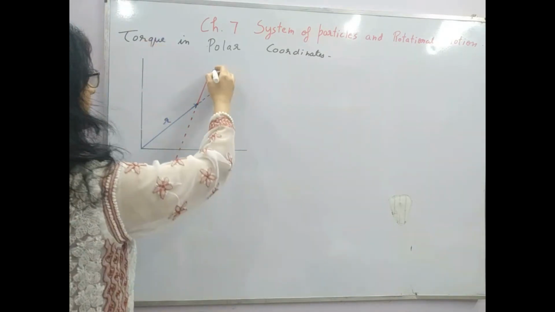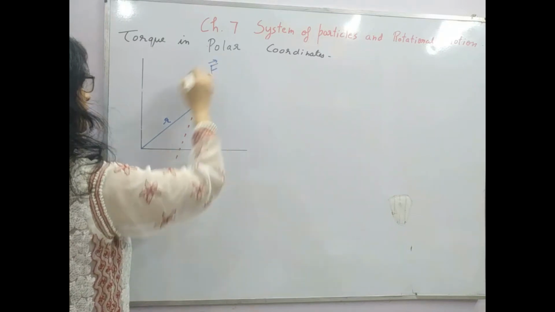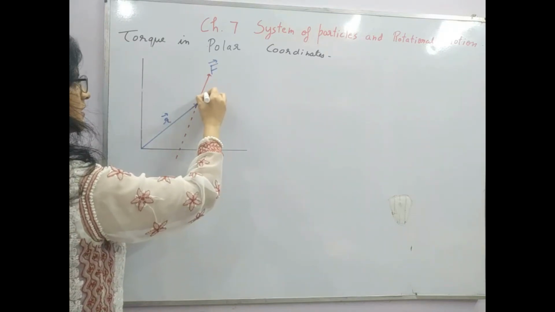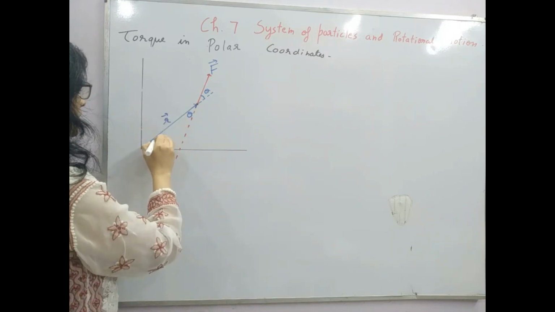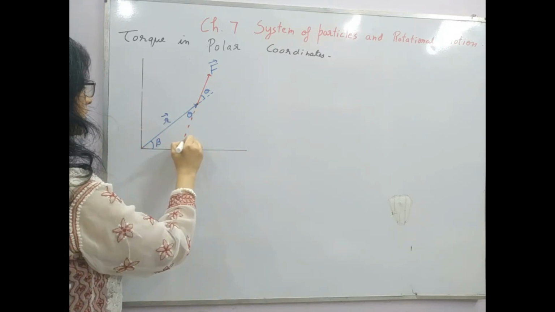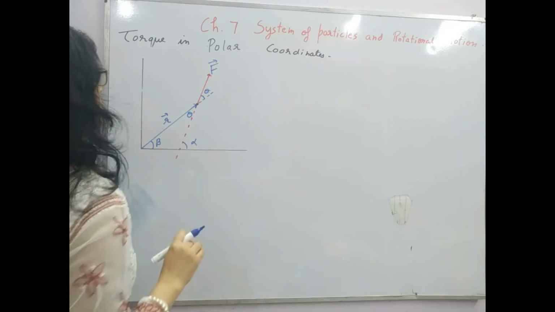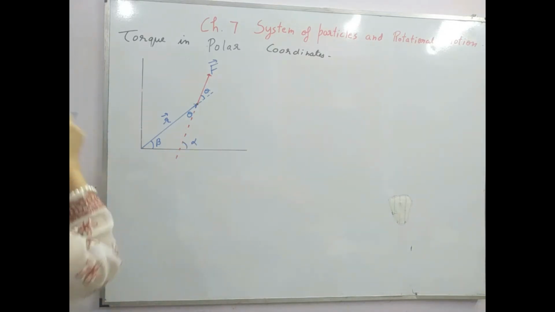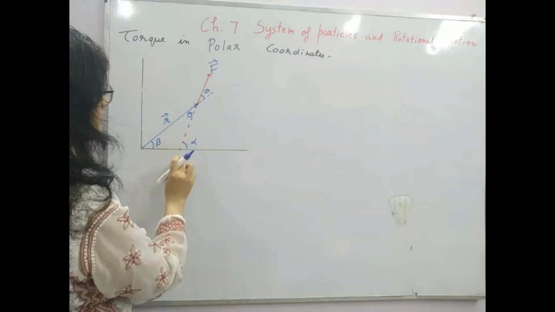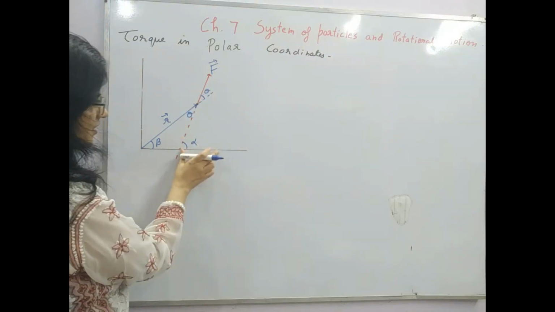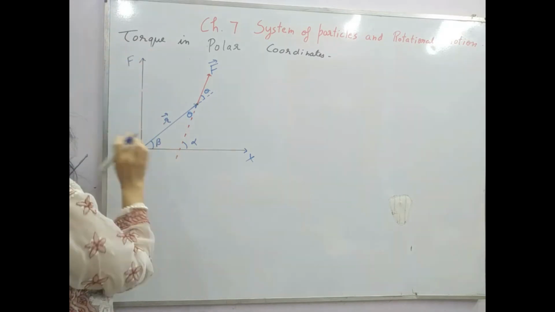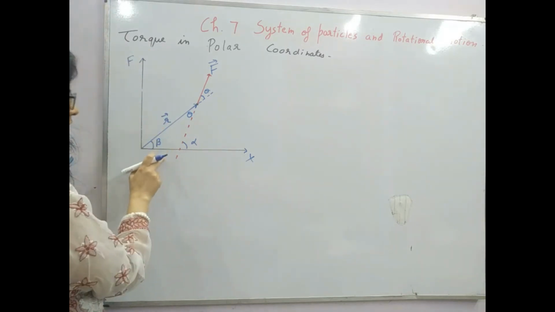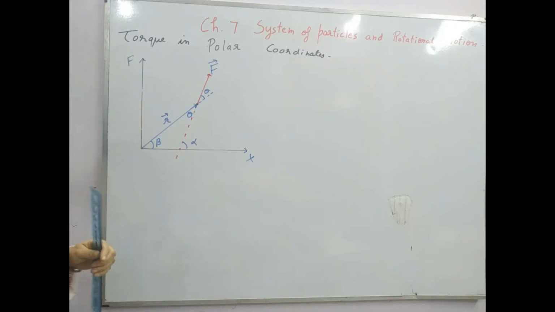We know that the angle between this force and the position vector is theta over here. This is theta. If this is beta and this is alpha, right? Then we can write this x component of force also, and y component of force also, and x component of r also, and y component of r also.